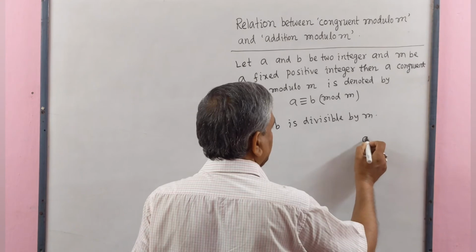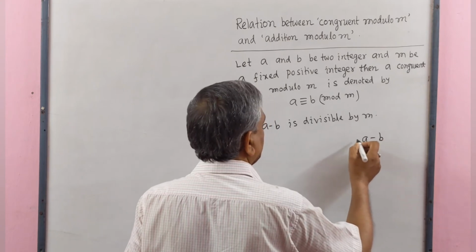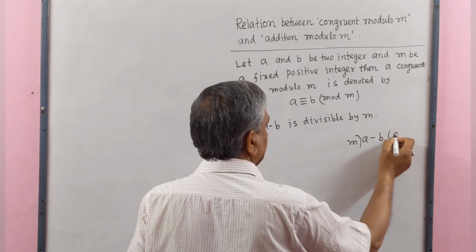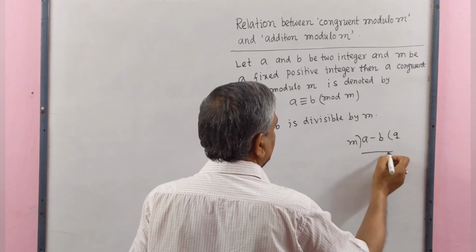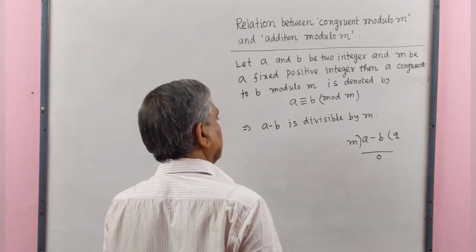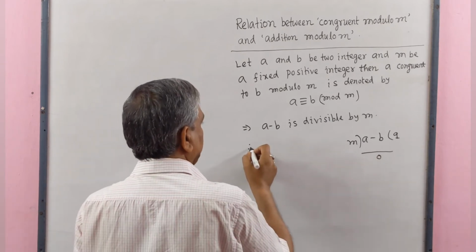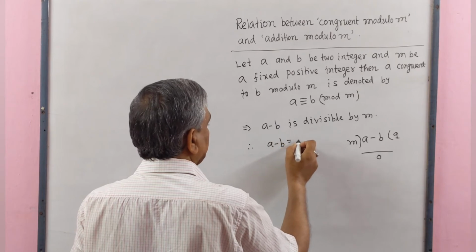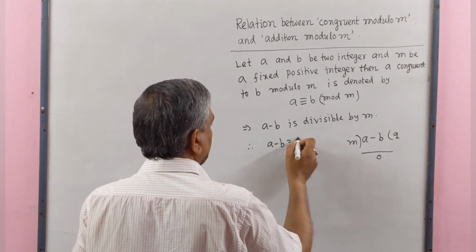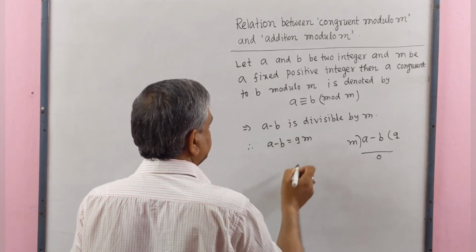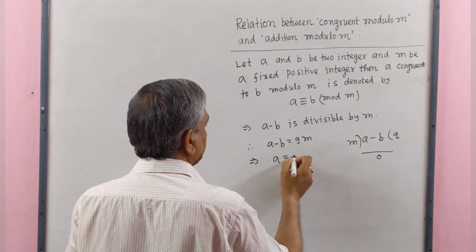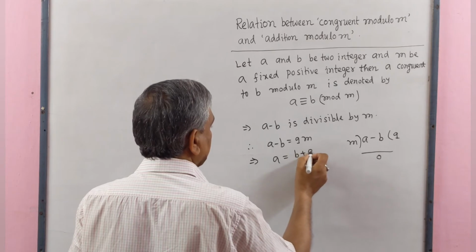If we divide a minus b by m, let quotient be q and remainder becomes 0. Therefore, a minus b equal to qm implies that a equal to b plus qm.